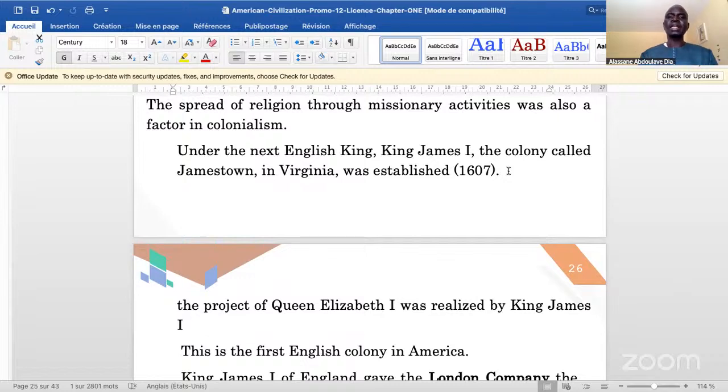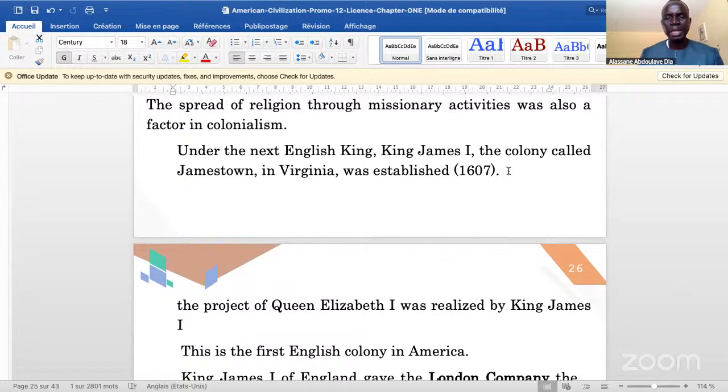So the missionaries wanted to bring a religion. So under the next king of England, King James I, the colony called Jamestown in Virginia was established. So you understand that, class, the project I explained to you with Queen Elizabeth I to go and establish a colony in Virginia to take her name did not happen. The project happened when King James I became king.